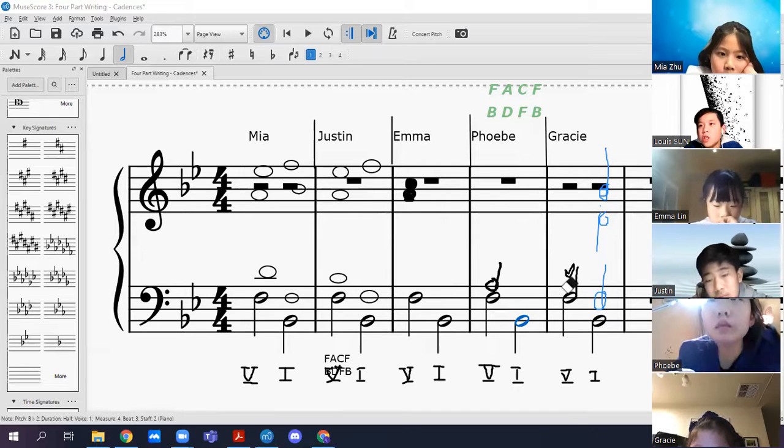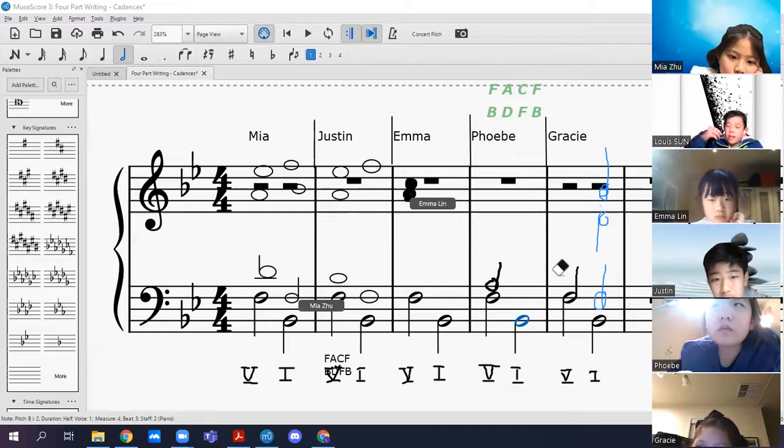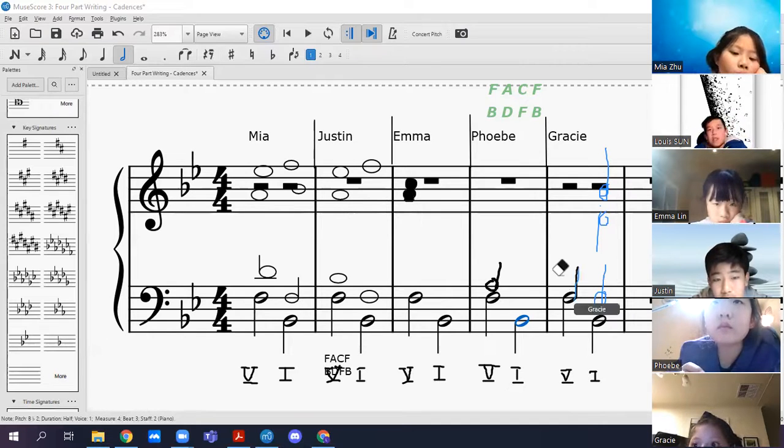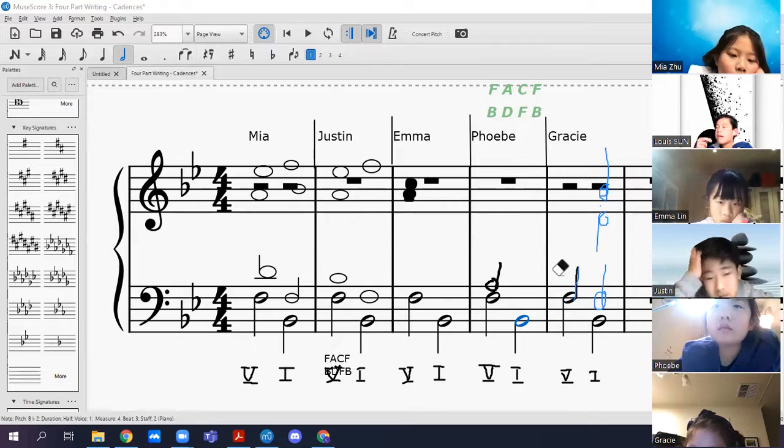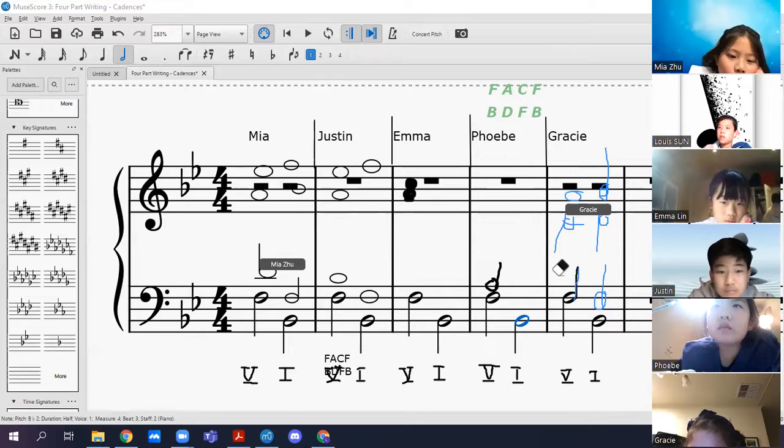It's kind of like a little cheat code, but if you do that too much, it's technically classified as consecutive octaves, because technically unison is also kind of.